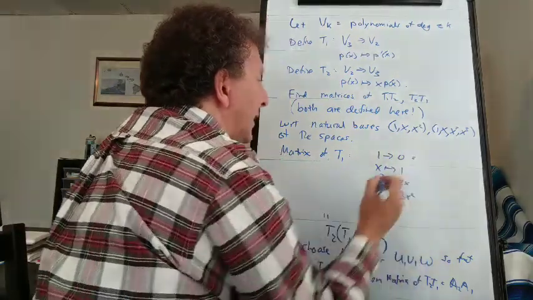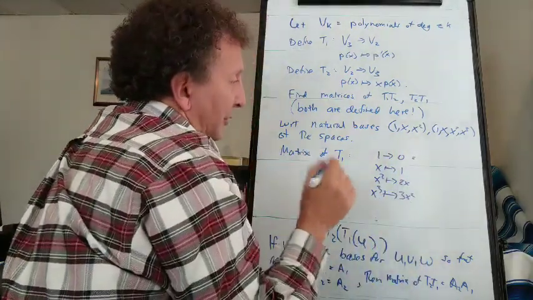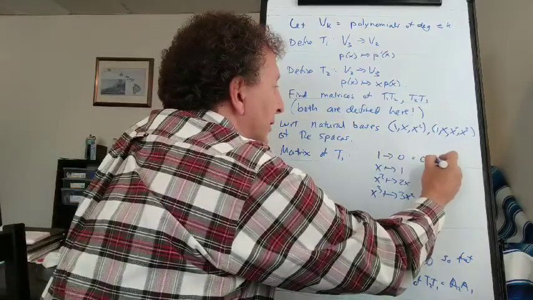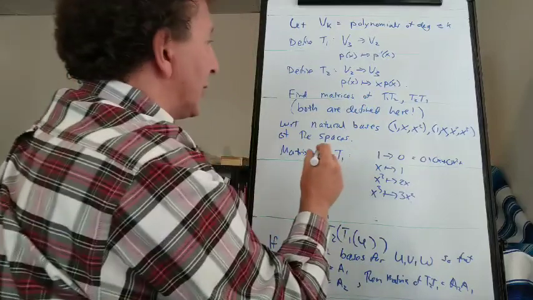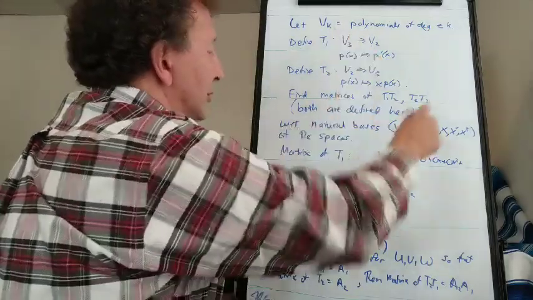Now 0 has coordinate vector 0, 0, 0, because it's 0 plus 0x plus 0x squared, we're going to V2, so that's all I need.